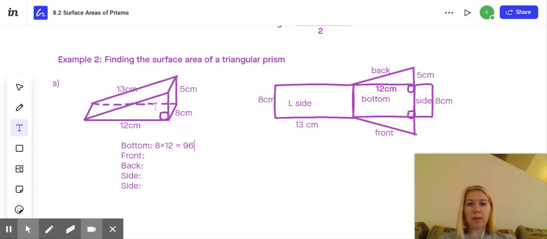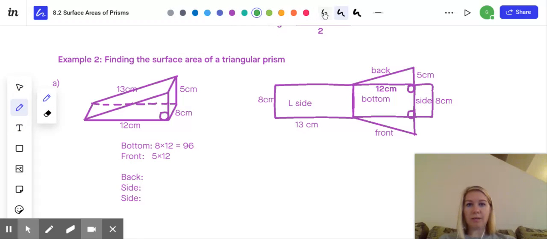Okay. The front, here's our front triangle. And the dimensions of the front one are the same as the back. So I see that they're written here. So it's base times height divided by 2. So our base is 5, 5 times 12, and then it's divided by 2. So I'm going to draw a line here.